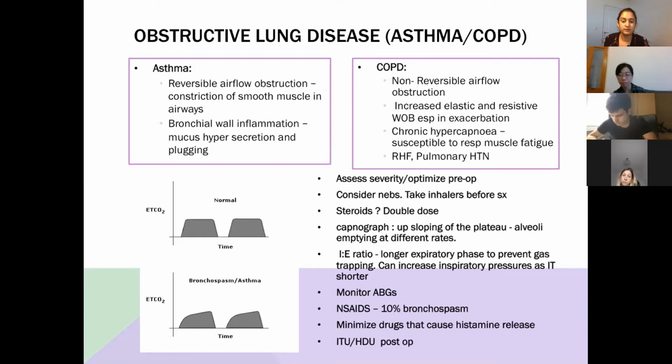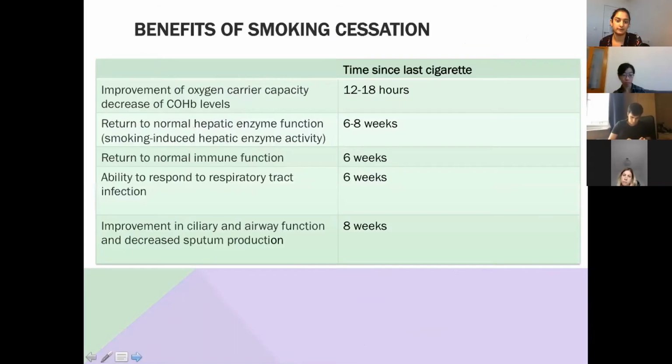Having invasive monitoring such as an arterial line can allow for ABGs. Always, again, got to think about NSAIDs. I've already mentioned this, 10% of asthmatics can get bronchospasm with NSAIDs. Minimize drugs that cause histamine release, and if you're using morphine, then always give it slowly, and think about whether you can use something else, and ITU or HDU post-op if required.